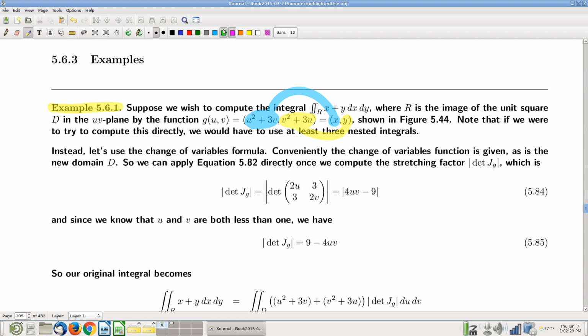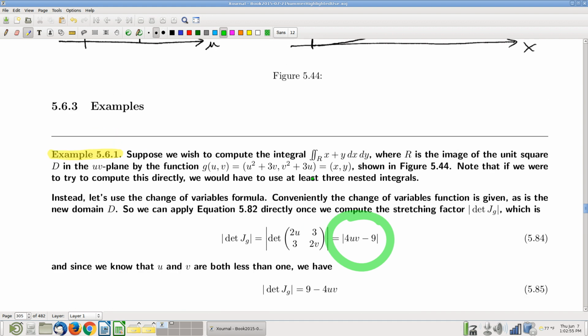Likewise, this column here are the partials of x and y with respect to v. So partial of x with respect to v is 3. Boom. Partial of y with respect to v, 2v. Everybody happy so far? Okay. Take the determinant, blah, blah, minus blah, blah, and you get this absolute value of 4uv minus 9.